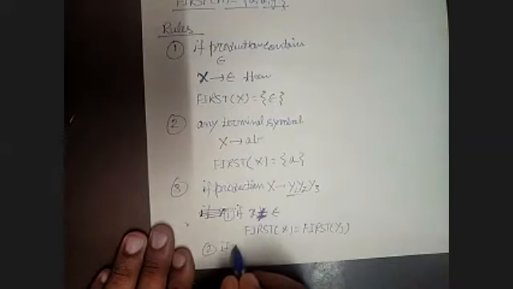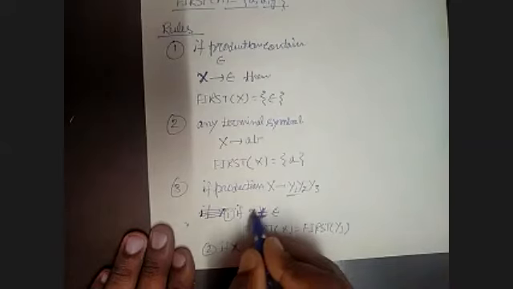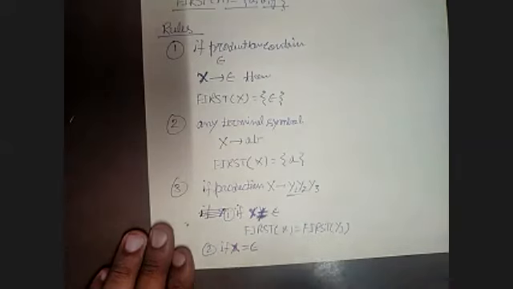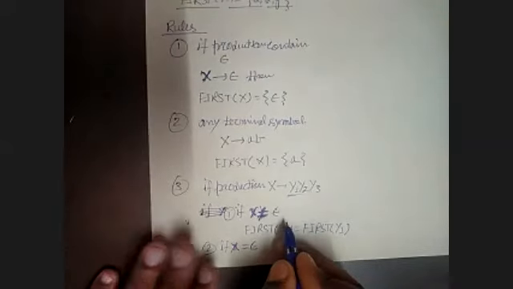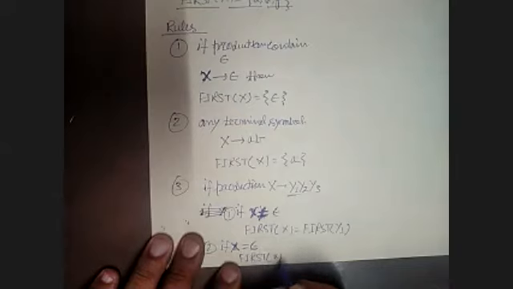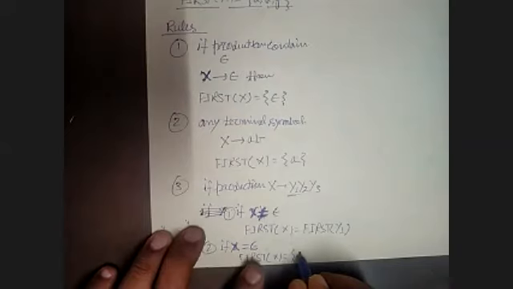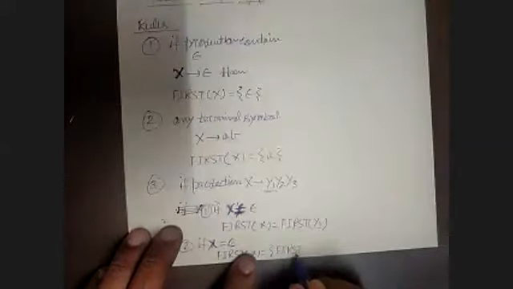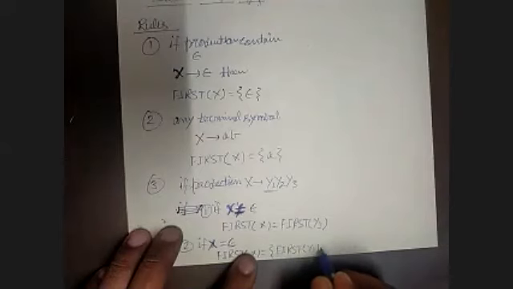If X contains epsilon, right? If X does not contain epsilon, and if X contains epsilon, then first of X is equal to first of Y1 minus epsilon.